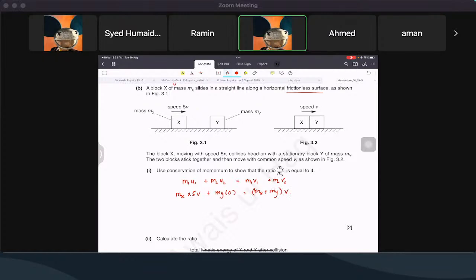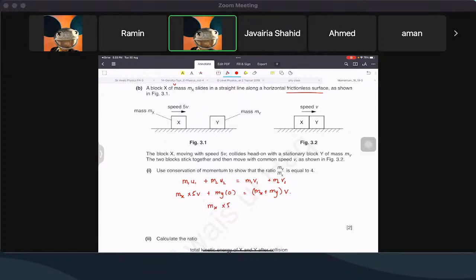Is it clear, everybody? So your equation becomes mx times 5v equals mx plus my times v. So you cancel v because it's same on both sides. Now you have 5mx equals mx plus my.